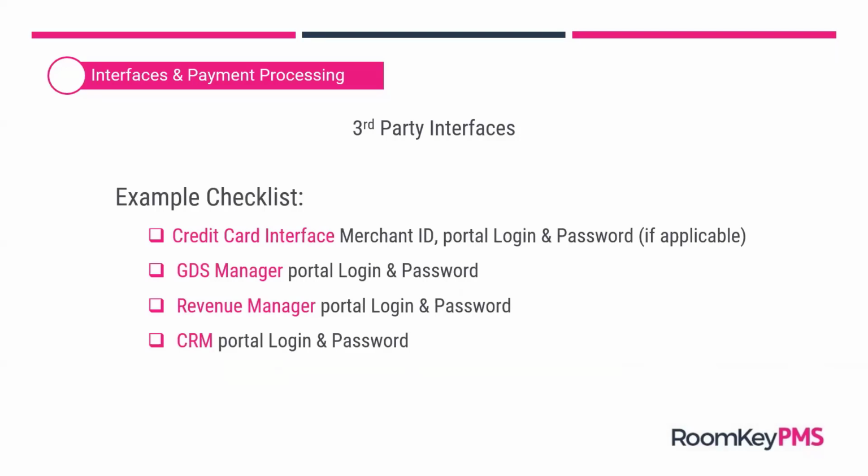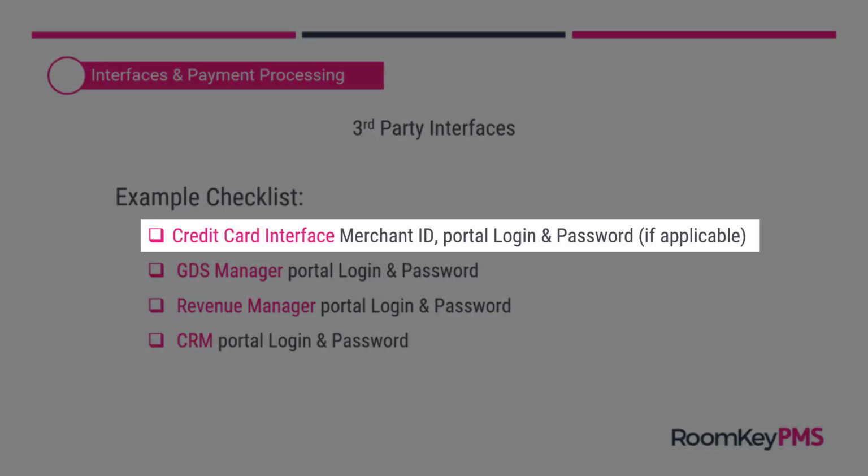If you are using any third-party interfaces, if it's a credit card interface like Shift4, you want to make sure that you have access or you are aware of the merchant ID. You'll also need to have access to the merchant portal. Shift4, I believe, uses Lighthouse Transaction Managers, formerly called Dollars on the Net. So you need to have a login name and password for that third-party interface for credit card processing.